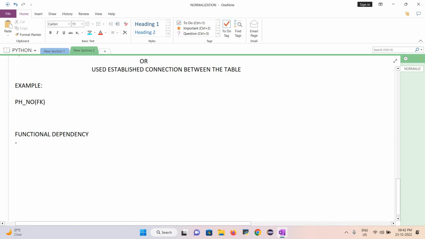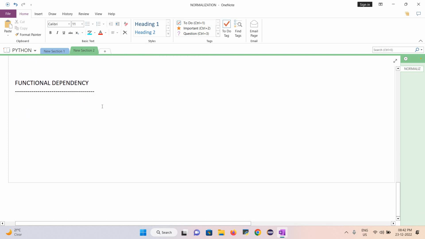functional dependency. What is functional dependency? First we'll talk about the exact meaning of functional dependency.